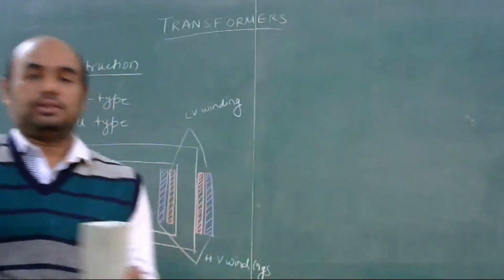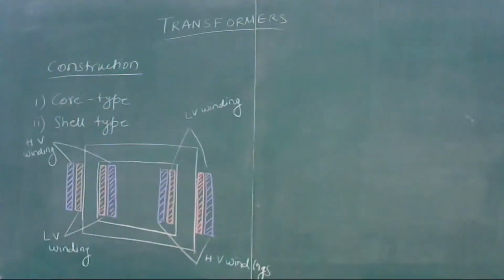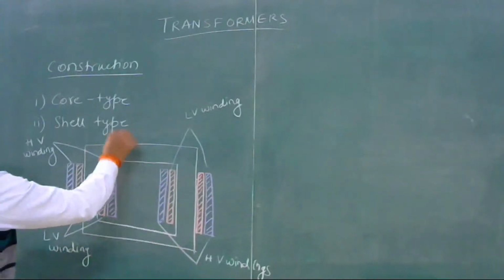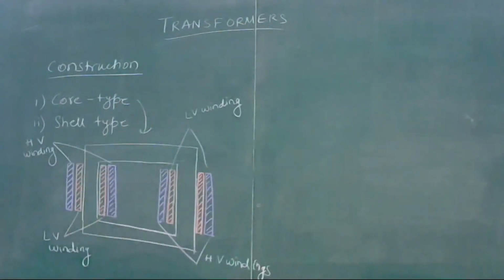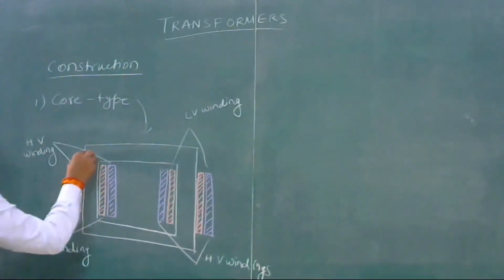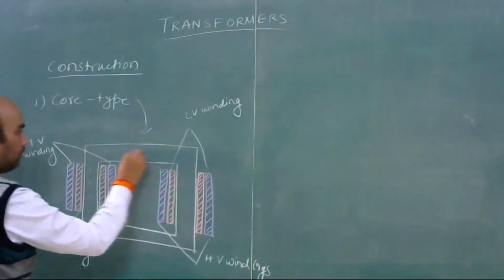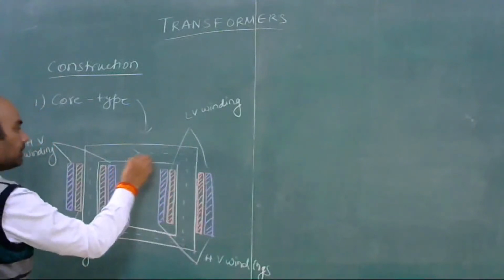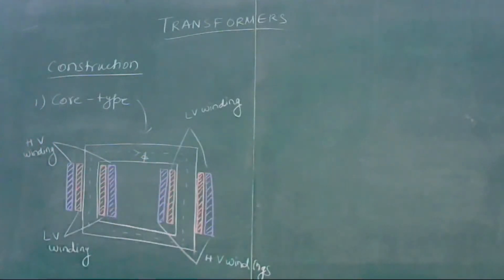In this manner, we wound the windings on this core type transformer. This is core type transformer. And flux phi flows in this core. This is your flux phi.